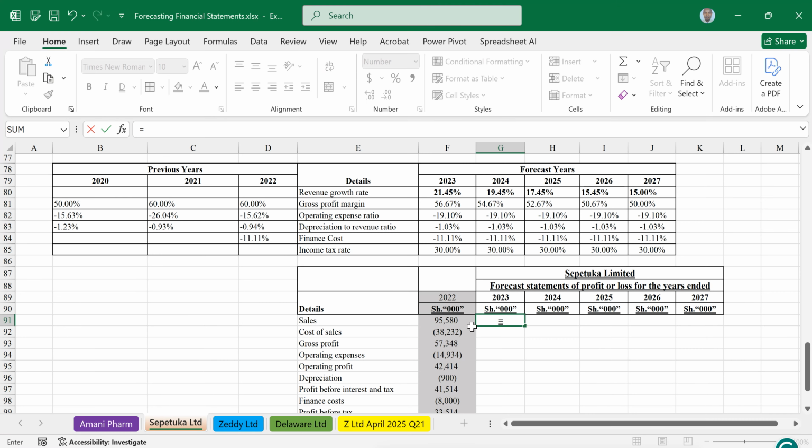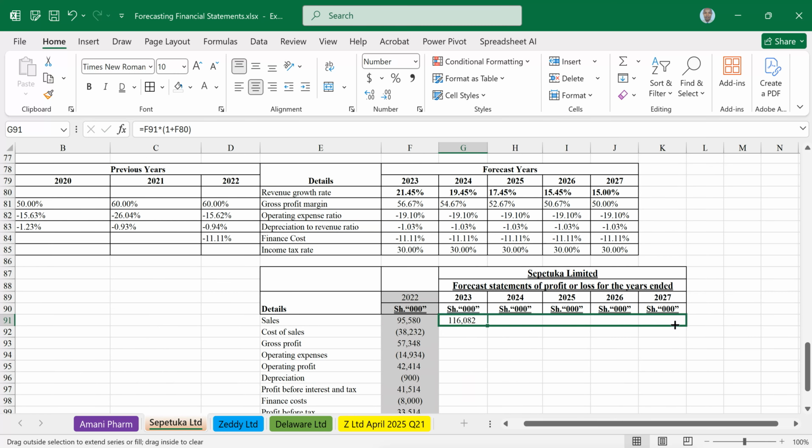Click on 95 times, then open bracket, 1 plus, then click on the first rate under the revenue growth rates up there, then don't lock anything, of course, close bracket, then you close bracket, enter. That becomes our revenue for the next period. That will be dragged across to the end.